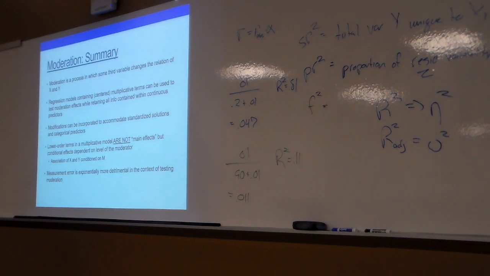We can change our analyses to get appropriate standardized effects. We can get categorical predictors. Remember, in the presence of a multiplicative effect, if I've got a significant interaction, I no longer have main effects, I have conditional effects in the presence of that significant moderator, right? The relation between X and Y is dependent on the value of some third variable.